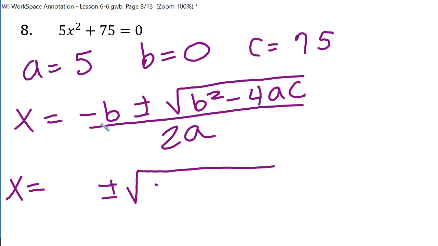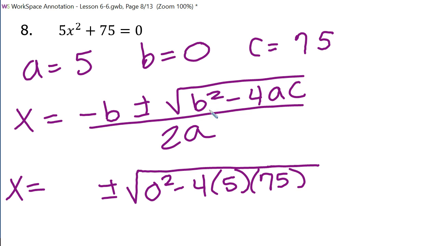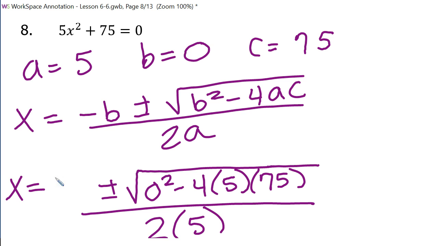B squared would be 0 squared minus 4 times 5 times 75. And in the denominator, we'll have 2 times 5, which is 10.